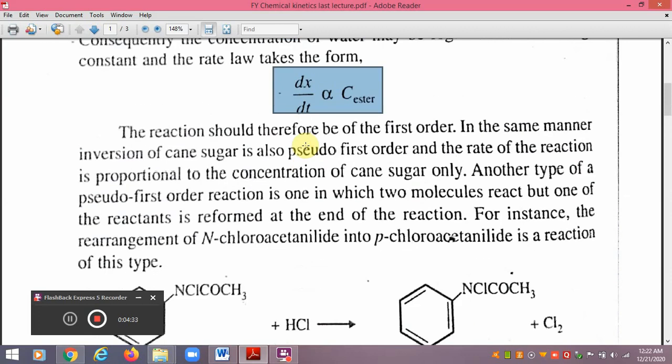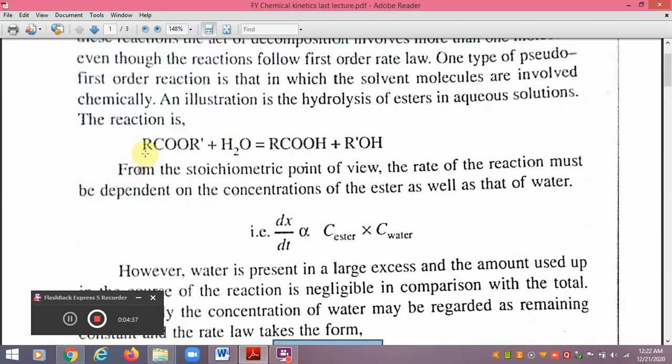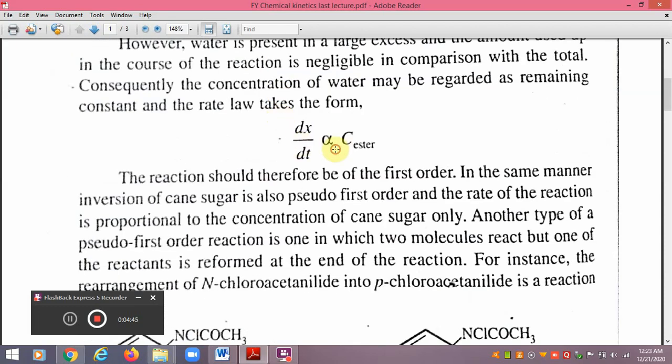Here the molecularity is 2, as two reactants are involved in the chemical equation, but the actual order of reaction is only 1. So order is not equal to molecularity, and hence these reactions are called pseudo order reactions.